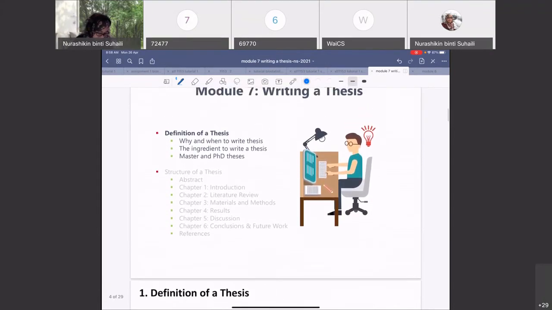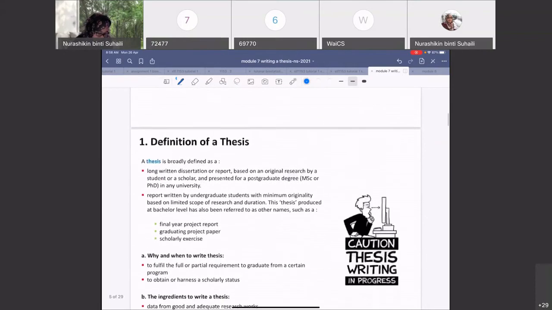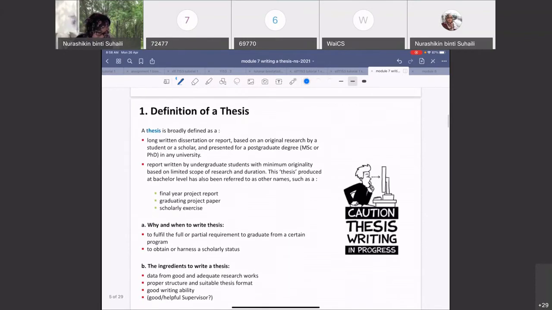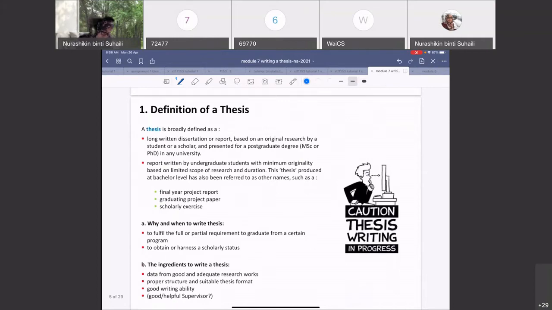the introduction. Here is the definition of thesis. I think I have talked about it, thesis-based research, all right? Thesis-based research means you do the research and at the end you produce a thesis. Yeah, so this one could be FYP for the bachelor's degree, and then MSc if you are doing a research mode, because there is also MSc by coursework.